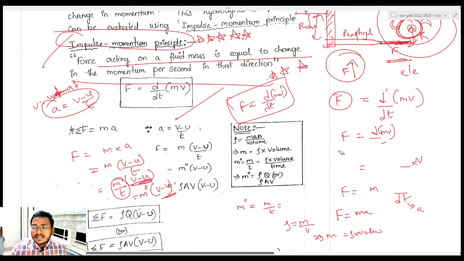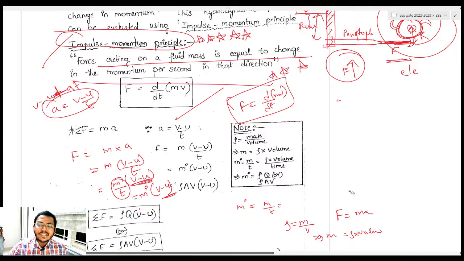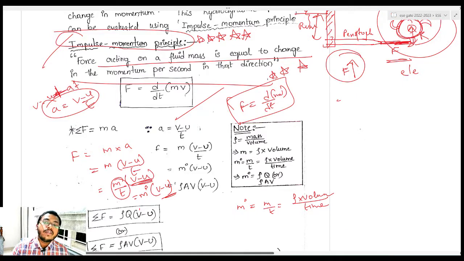Let me erase this, I have written a lot, so that you won't be confused. Not understanding? The concept is very simple, no need to worry at all. So I can write this m naught as rho into volume, because mass is rho into volume, divided by time. Simple. So what is volume by time? Volume per unit time will be your discharge, right? Volume is meter cube and time is second, meter cube per second.